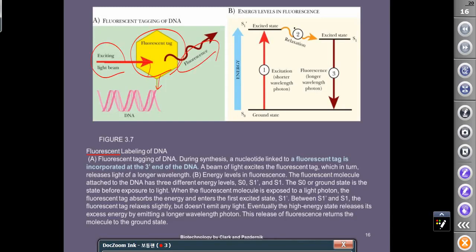This is just general knowledge from general chemistry: the energy excites the electron from the ground state to an excited state, and then it goes down to the ground state, and the fluorescence is liberated. You can see the color.